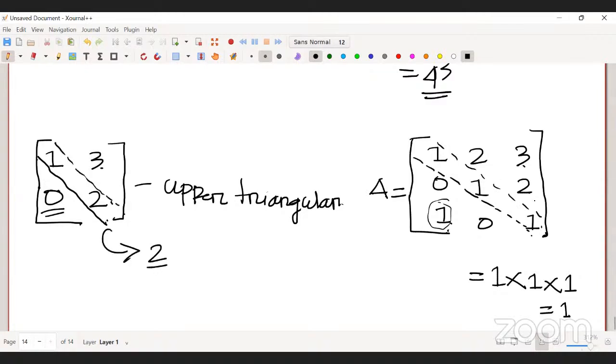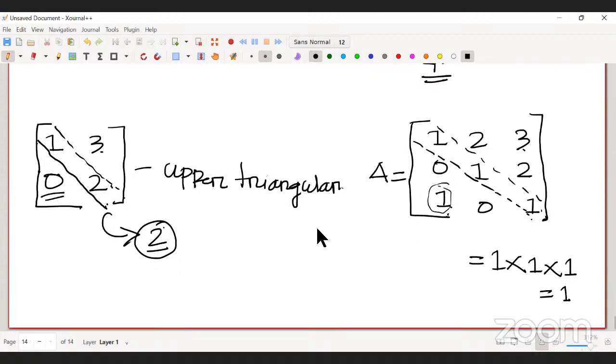This is 2. And the same thing holds for a lower triangular matrix. A lower triangular matrix is one where all the elements above the diagonal are 0. Then you say that matrix is lower triangular.